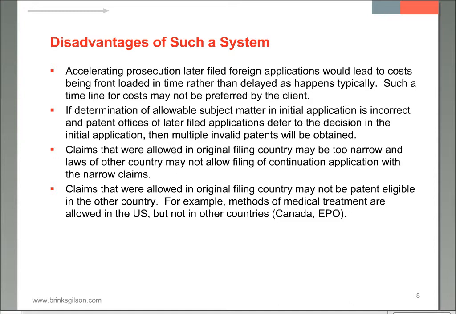If you file PPH, you may not be able to broaden or file a continuation application with broader claims. So you also must be careful in entering PPH in that claims allowed for certain subject matter may not be patent eligible in another country. For example, methods of medical treatment are allowed in the U.S., but they're not allowed in Canada or the European Patent Office.